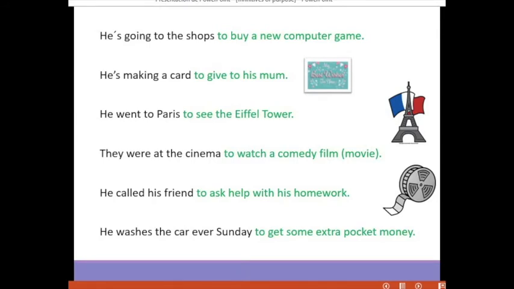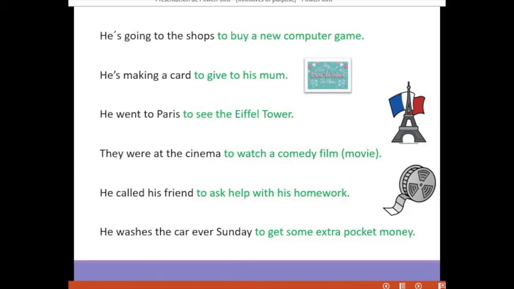Next, he went to Paris to see the Eiffel Tower. That is the Eiffel Tower. This illustration, that monument, is called the Eiffel Tower. It's very famous. Next, they were at the cinema to watch a comedy film. Movie. Okay, do you like comedy films? They are very funny.